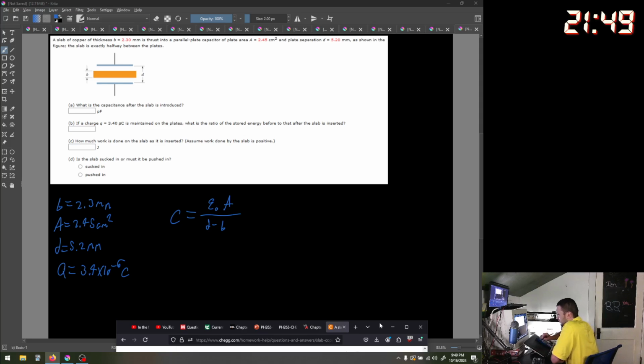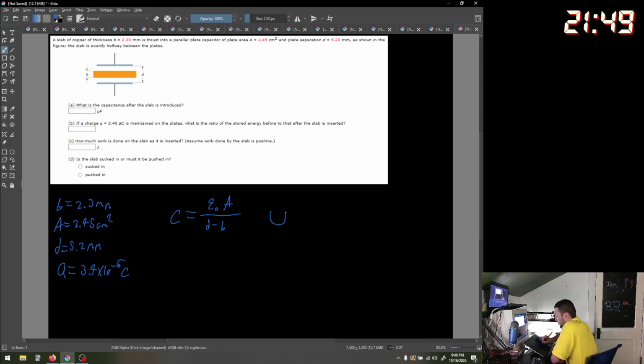So if we know that u is going to equal q squared over 2c, or c1 is going to be epsilon 0 a over d.